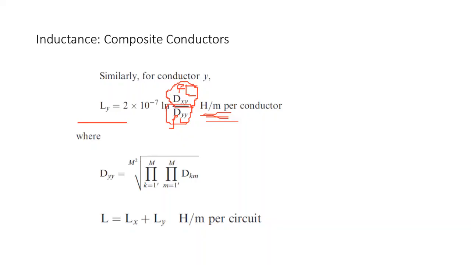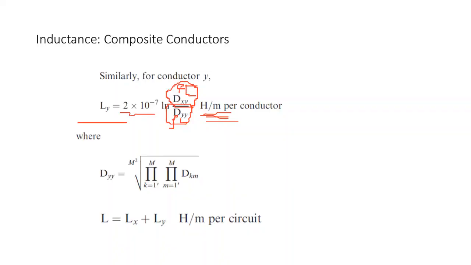It comes from here, because this one is from the permeability. As you remember in the first part, we had the permeability 2 times 10 to the power of -7. That is the first part you review, how we determine the formula. So the units of 2 times 10 to the power of -7 is Henry per meter.